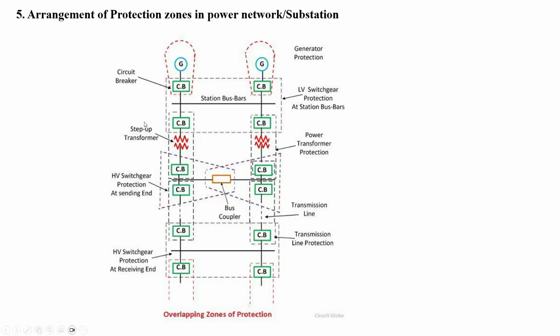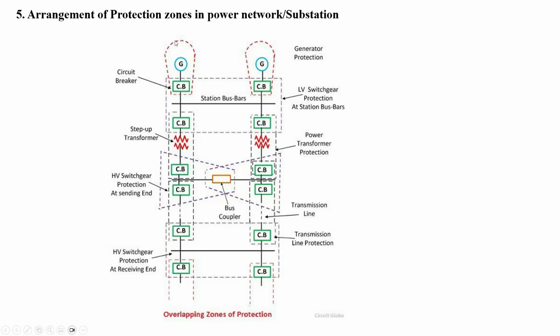If you check this, first I started with generator protection, then there will be station bus bars, then I'm fixing LV bus bar protections or LV switchgear protections, then there will be a transformer, and I'm overlapping the bus bar protection with the transformer protection, then again there will be a substation. So like this.